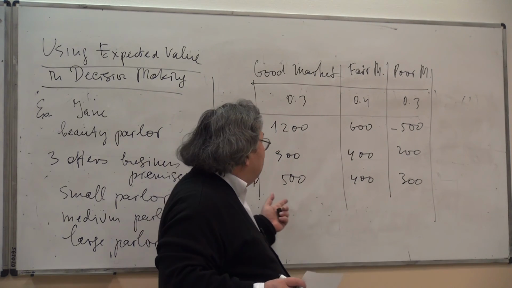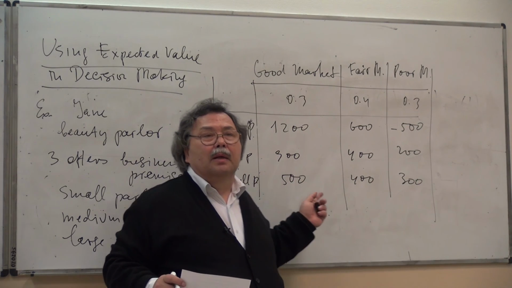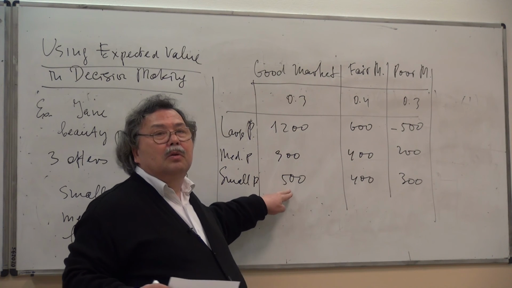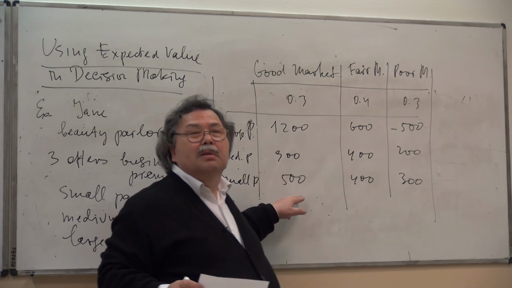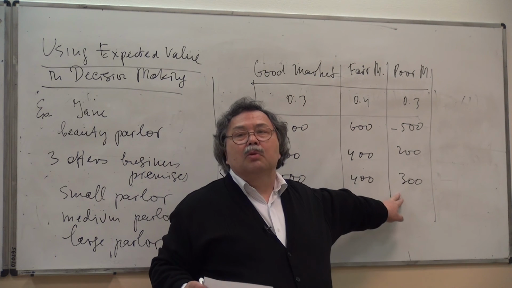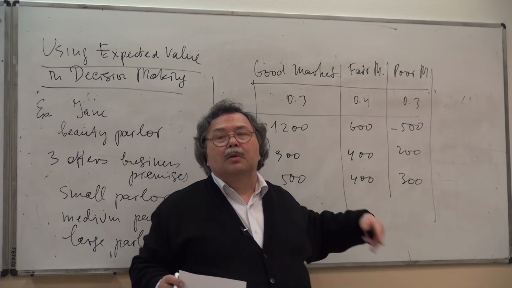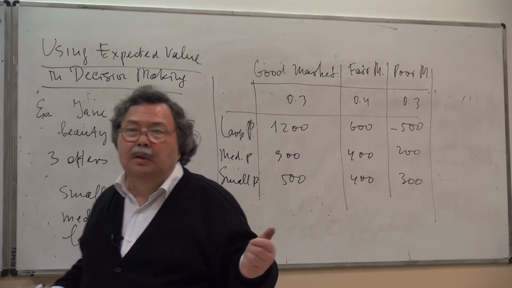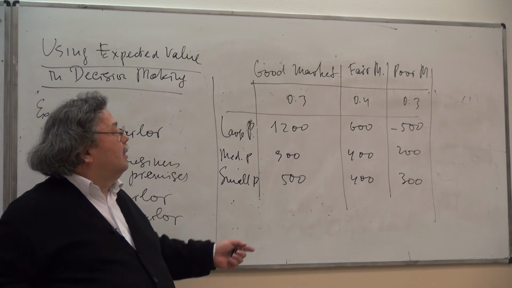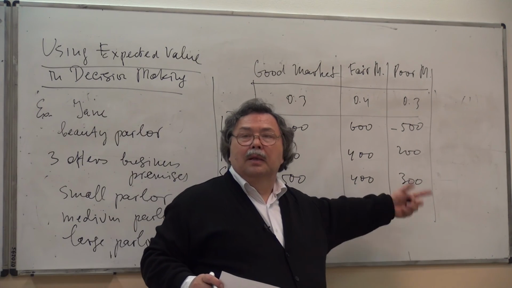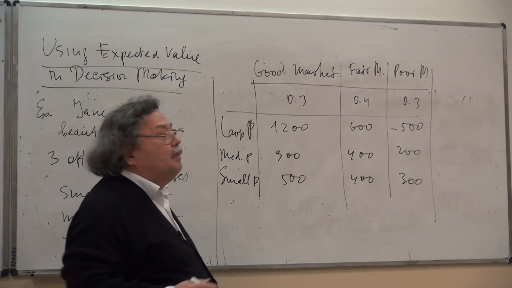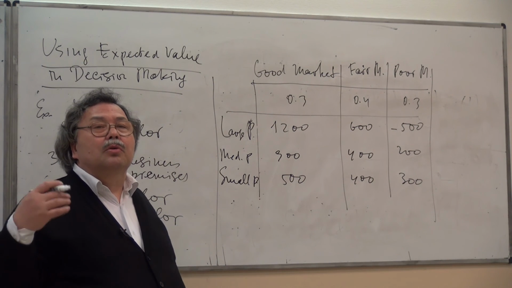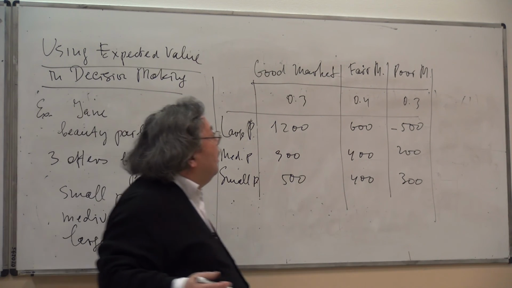If she only opens a small parlor, she cannot hope to get a lot of profit, even on the good market. The business is just too small. On the other hand, it's more stable, because the initial costs are not so large, so it doesn't mean losses in the end under any conditions. So, given these figures, what choice should she make?